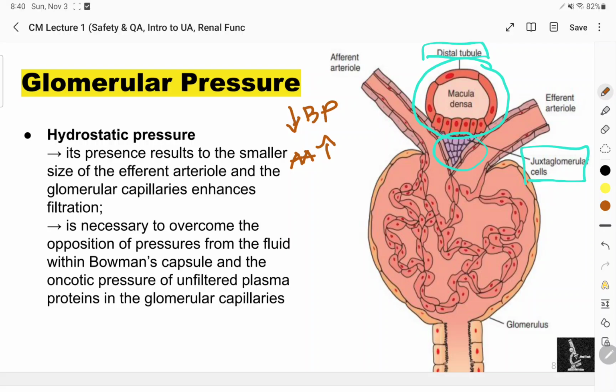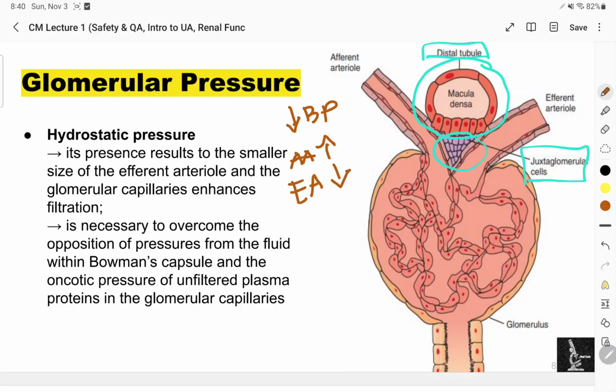Kay again, 25% should be nasa kidneys. Okay? Na dapat 120 ml gina-filter gyud sa imuhang Bowman's capsule, imuhang glomerulus per minute. So if low blood pressure, si afferent arteriole will increase its size and si efferent arteriole will decrease its size.